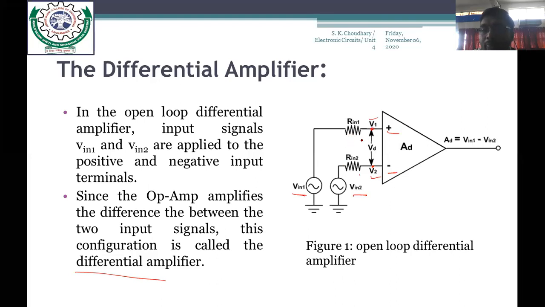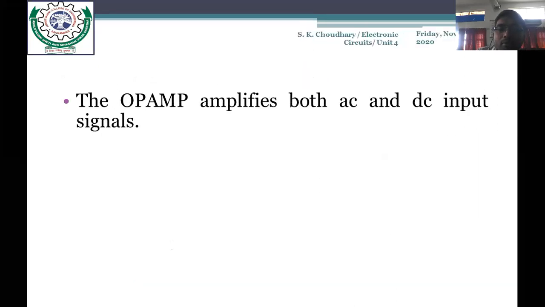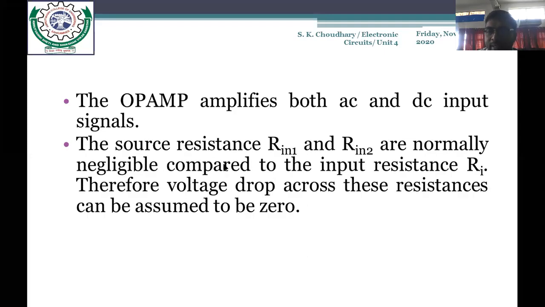There is also a resistance Rin1 and Rin2 connected at both terminals. Now we have to analyze this circuitry. The op-amp amplifies both AC and DC input signals; we know this from when we discussed the DC and AC parameters.